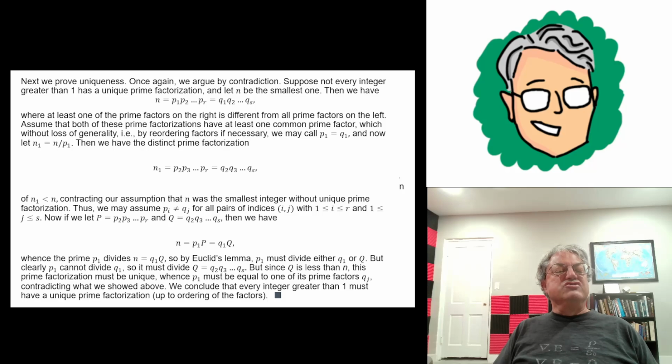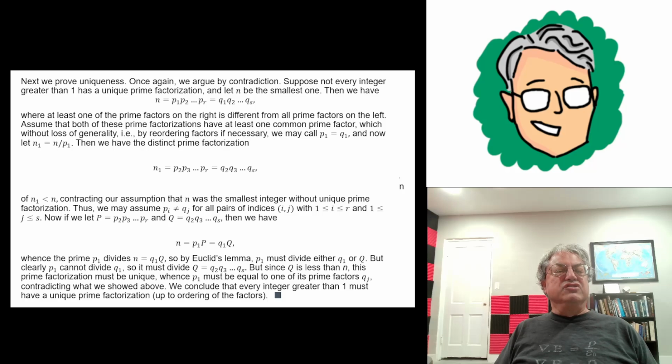So now we're using Euclid's lemma with little p1, and we know that little p1 divides n, and n is equal to little q1 times capital Q. So little p1 must divide little q1 times capital Q, and that's a product of two integers, so it has to divide either little q1 or it has to divide capital Q.